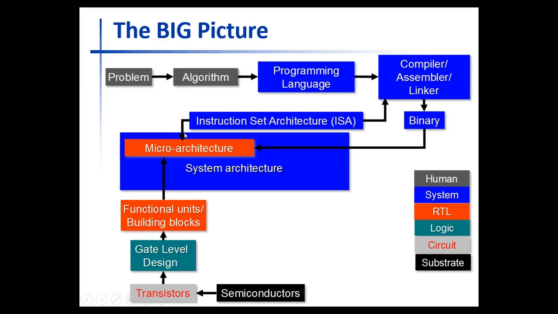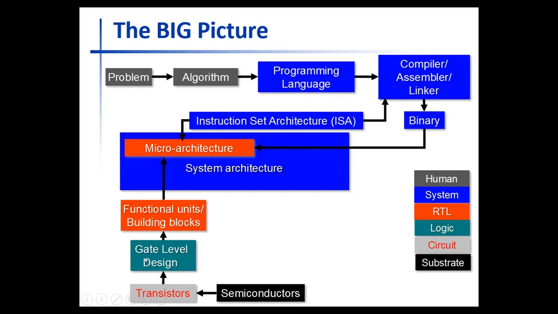Microarchitecture is a larger circuit built using a collection of functional units with some additional gate level logic circuitry as well. The functional units in turn, if you take an adder, is also built based on gate level, logic gate level circuits, right?